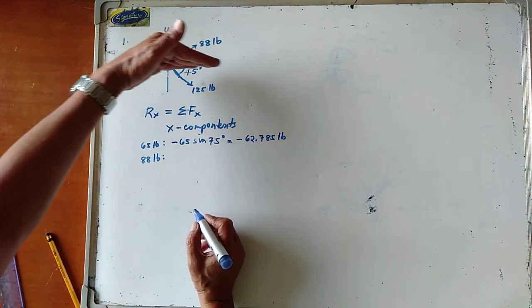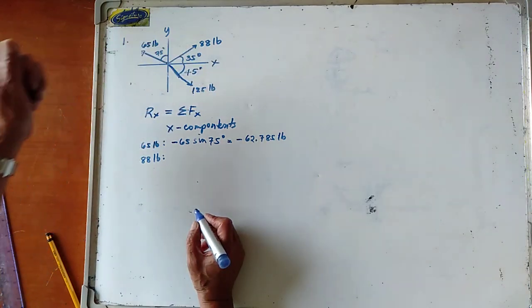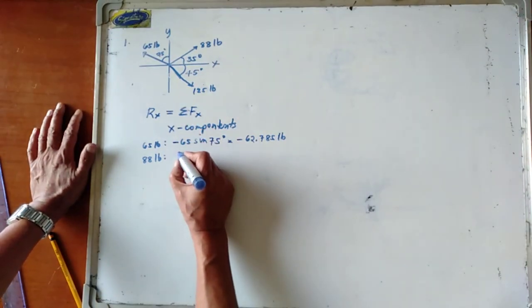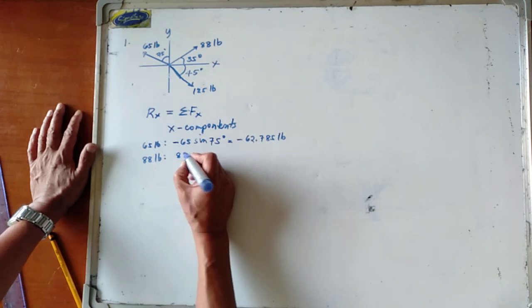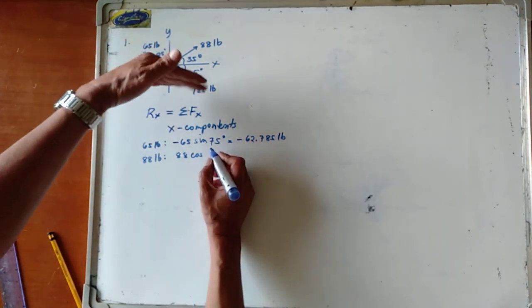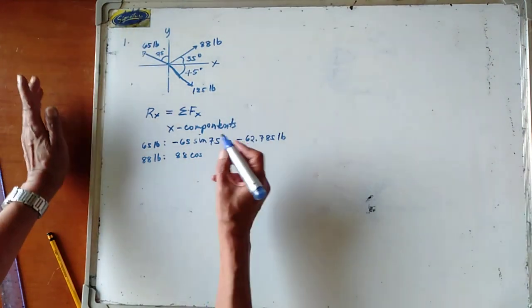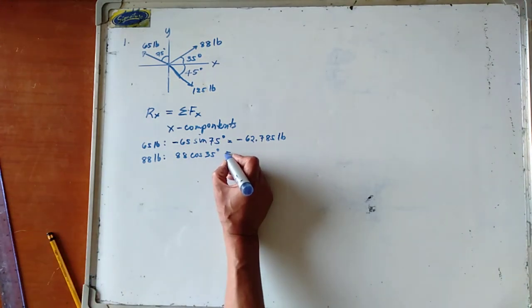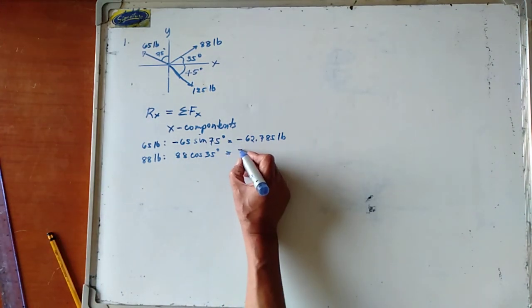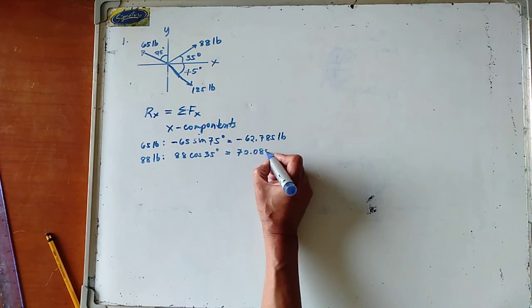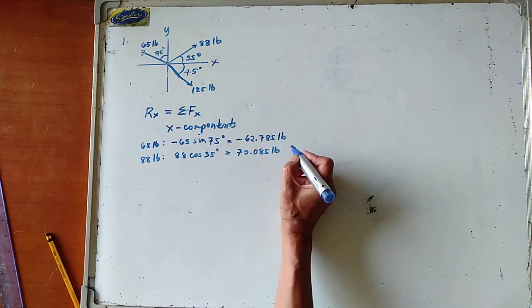Now for the 88 pounds, the x component is directed to the right, hence this is positive. So that is 88 cosine of 35 degrees, because 35 degrees is included with the x-axis, and this is equal to 72.085 pounds.